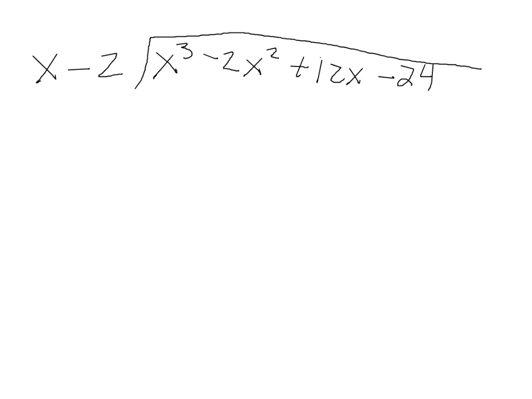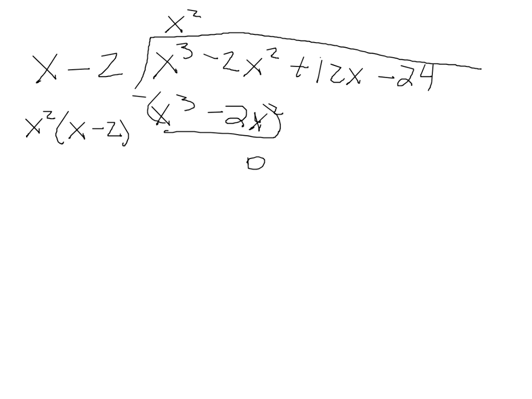I'm going to take the result and divide it by this, so I'm going to get x squared. I'm going to pull down the 12x minus 24. I get 12.